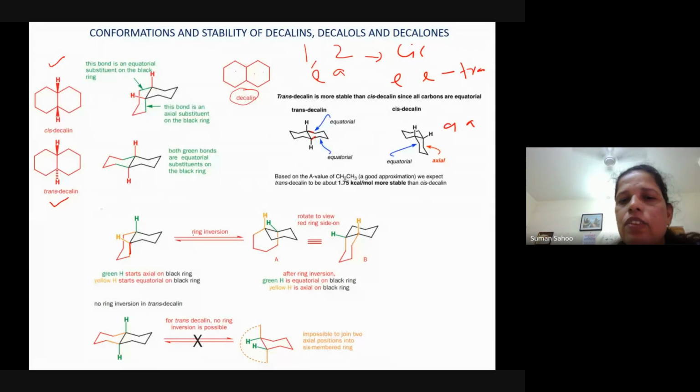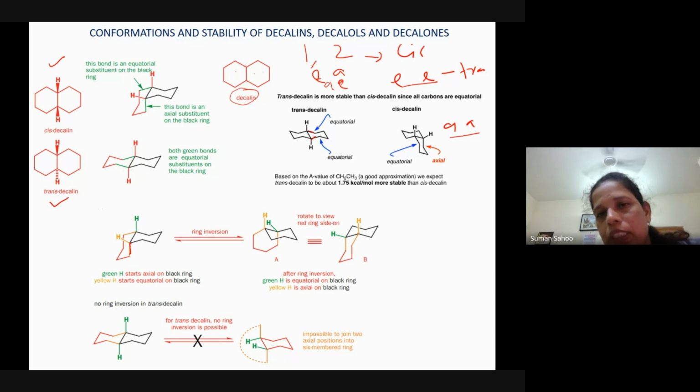So it can undergo ring inversion, it can flip. But in trans decalin, there cannot be any inversion. We have EA or AE for cis, and for trans we have EE or AA. For EE you can have this ring, but for AA it would be impossible to join the axial positions into a six-membered ring. So for trans decalin no ring inversion is possible, but for cis decalin ring inversion is possible because it can go from EA to AE.